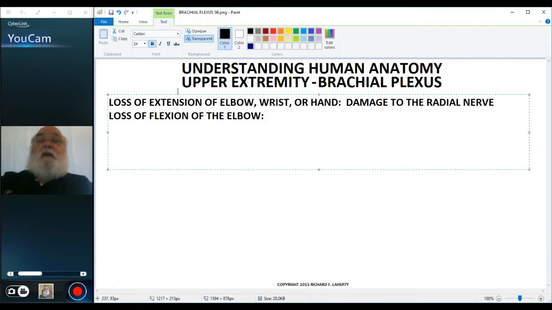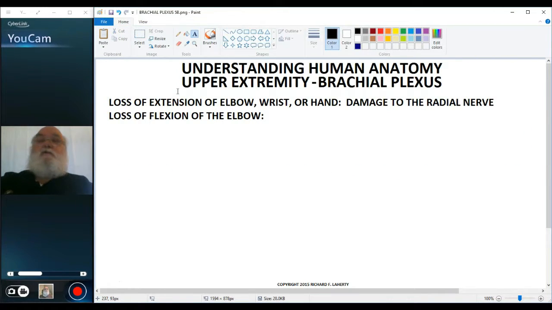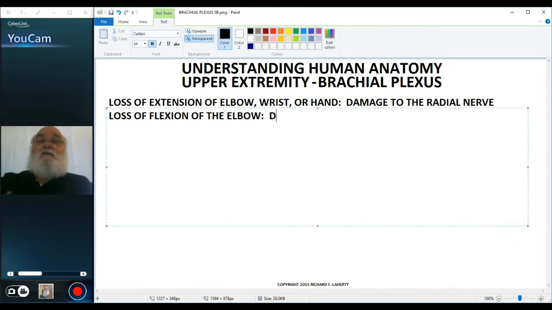Biceps brachii and brachialis. So that means the nerve supplying those muscles would be damaged. So we would have damage to the nerve that supplies the biceps brachii and brachialis. So damage to the musculocutaneous nerve.